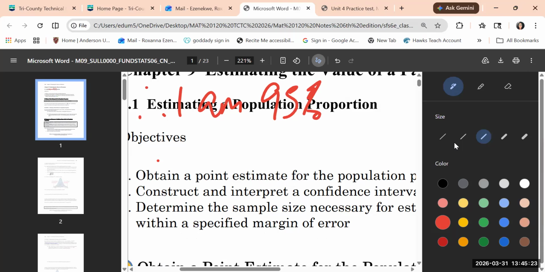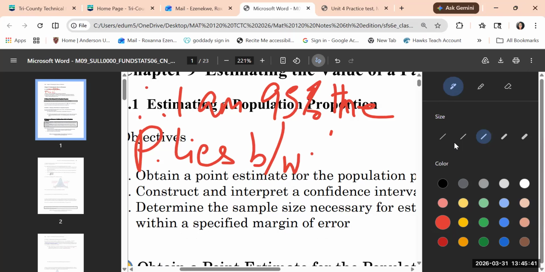I'm 95% confident that the population proportion, that P, not P hat, P, population proportion lies between 0.63, I can just say 0.6365. I can just put that.